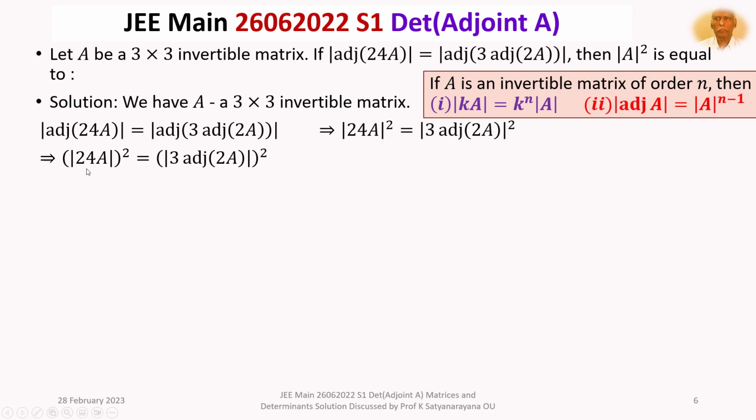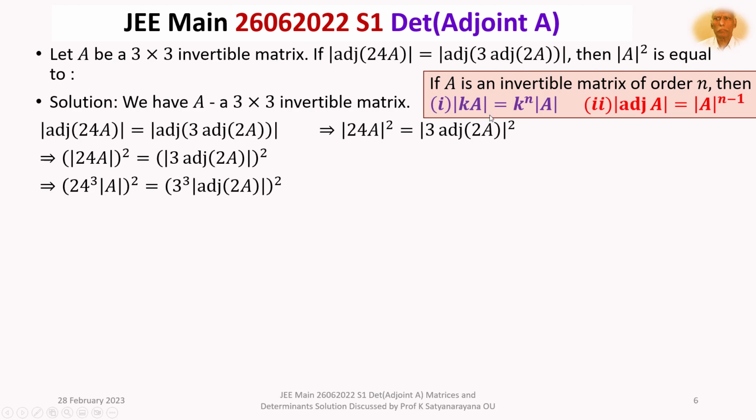Now we go inside and see what is the determinant of 24A. A is a 3 by 3 matrix. Therefore, we use the first result: k power n, that is 24 power n, where n is 3. 24 cube into determinant of A, inside the bracket, and whole square. Now here also 3 is a constant. 3 will come out because it is a 3 by 3 matrix: 3 cube into determinant of adjoint of 2A.